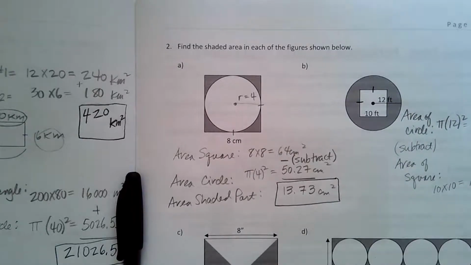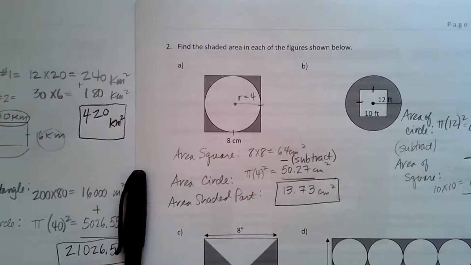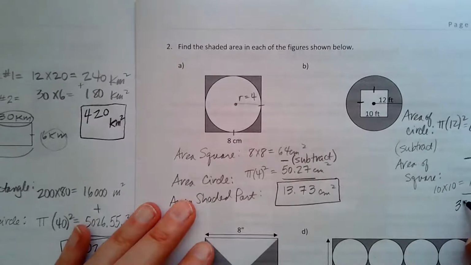So that gives me 452.39 feet squared. And I'm going to do a subtract, and that's going to give me 352.39.